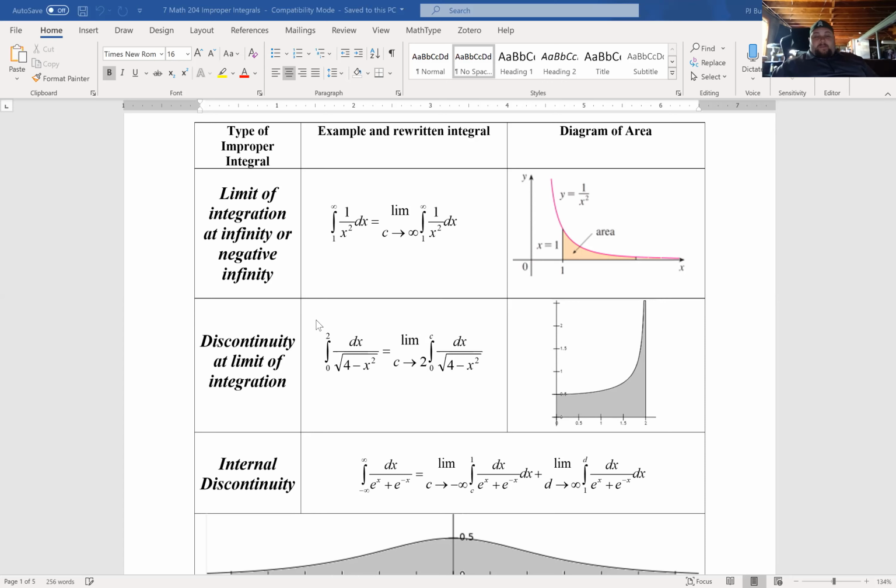So that's one type. We can also have one where our limit of integration is actually an infinite value. So this one here, we run from 1 to infinity. Again, we can't necessarily plug in infinity, so we have to rewrite it as the limit as a constant approaches infinity.